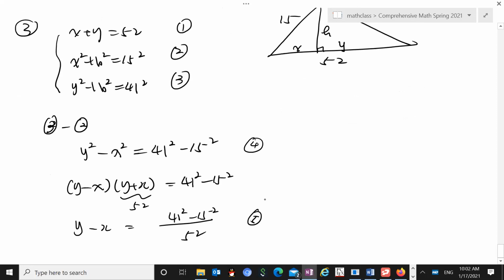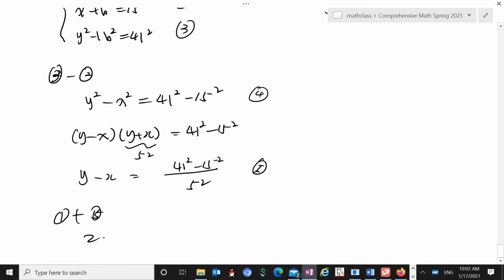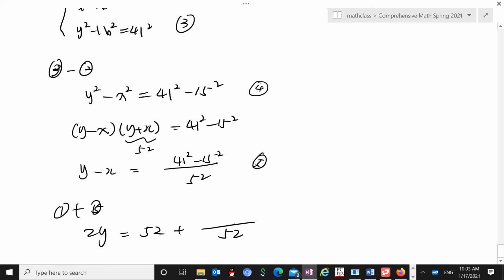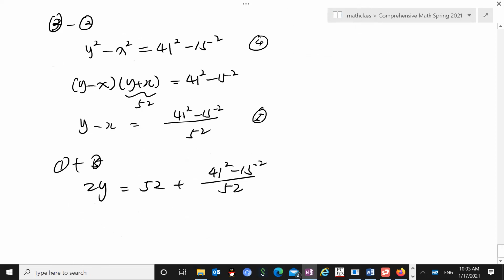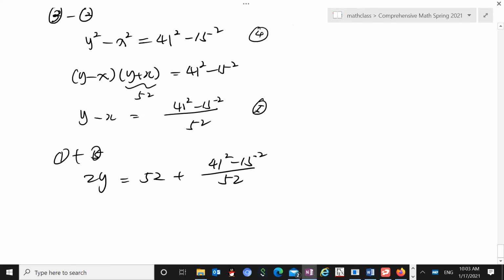All right, equation 1 and equation 5, if you add them together, you get y. Then you get 2y equals 52 plus the other term. It's getting more complicated, but anyway, you get y, and now you have to simplify. The numbers are getting bigger and bigger. I can tell you y is going to be 40.